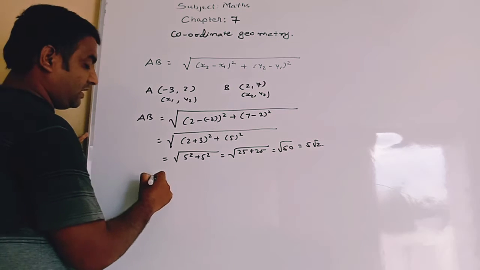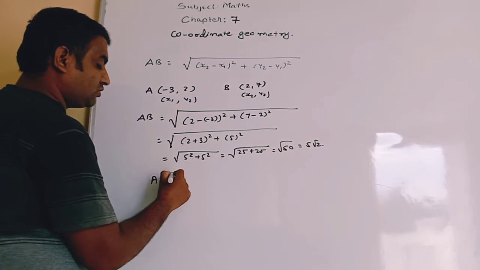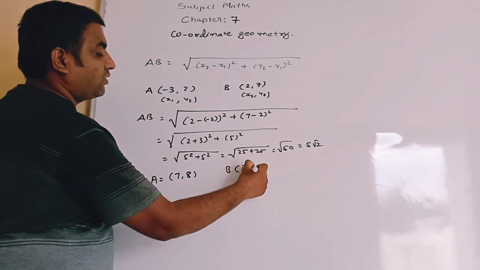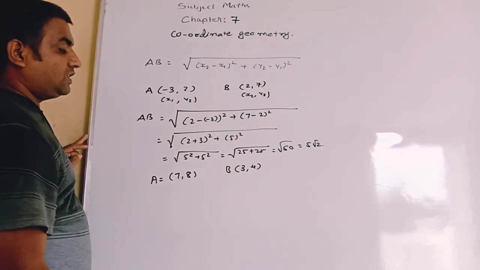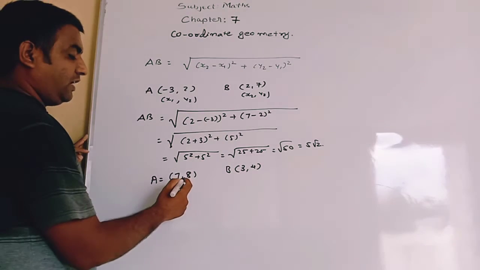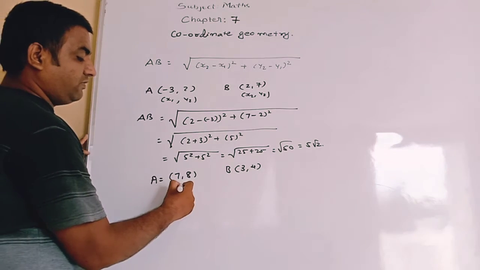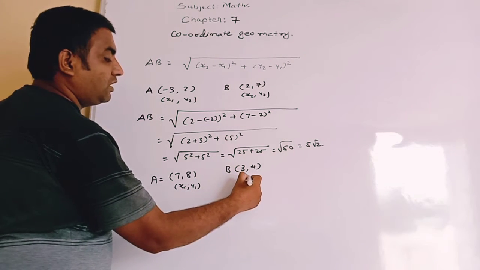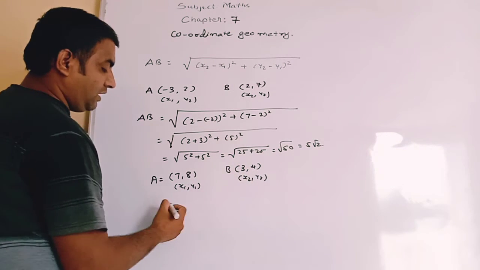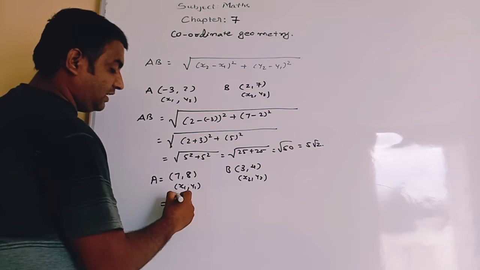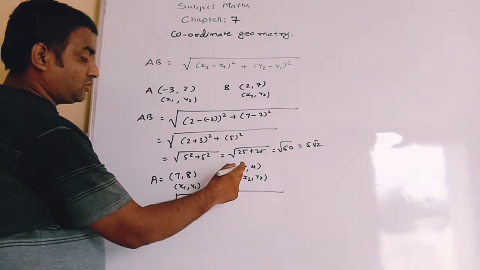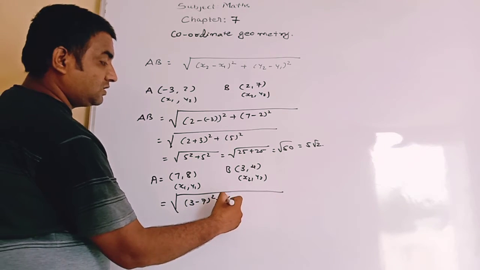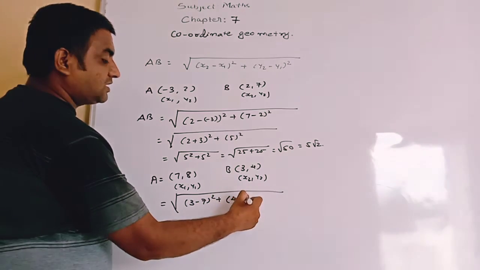Now suppose we are given the two points A equals (7, 8) and B equals (3, 4). And what is the distance between them? So for A we have (x1, y1) as (7, 8), and B (x2, y2) as (3, 4). So again we apply the formula, then it is (x2 minus x1), 3 minus 7 square plus 4 minus 8 square.